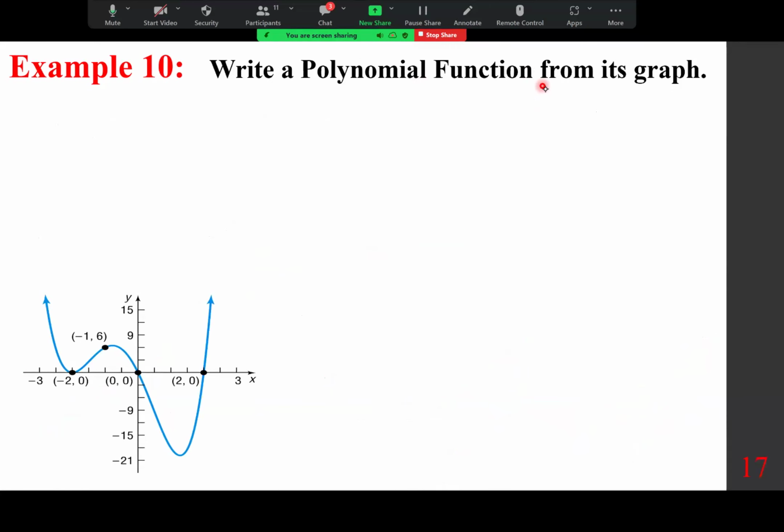Write a polynomial function from its graph. So we start with the intercepts. The first one we notice is the x-intercept at -2, 0, or simply -2. Because it doesn't cross, it bounces back, the multiplicity is even.